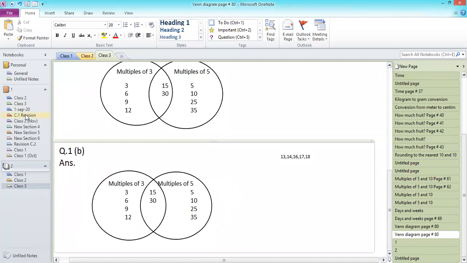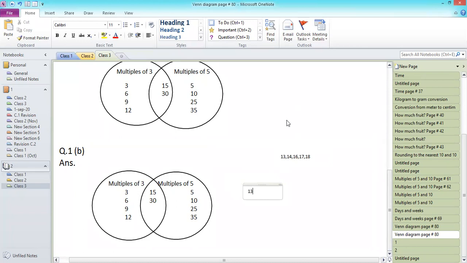Let's suppose I write 13 here. And what about 14? Where should I write 14, guys? Outside. Very good. Why outside? Because 14 is also neither a multiple of 3 nor a multiple of 5.